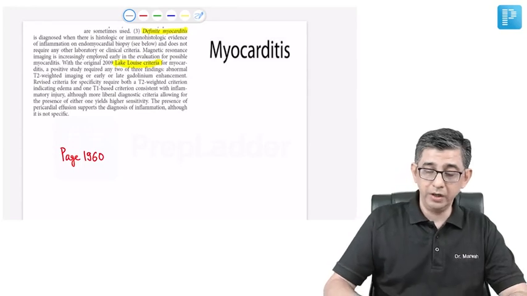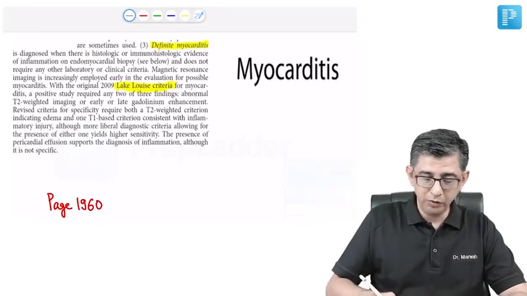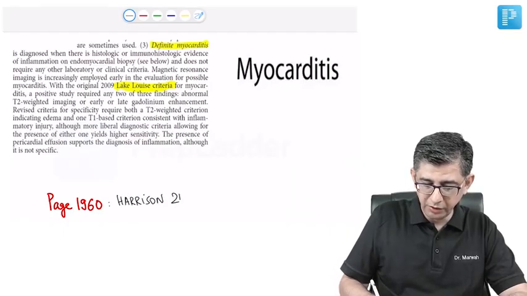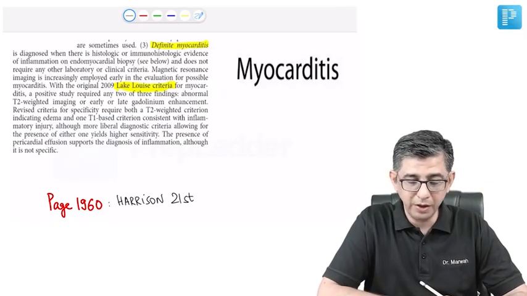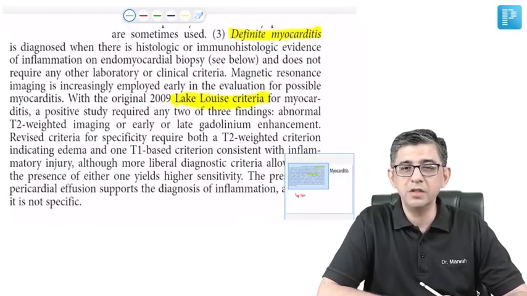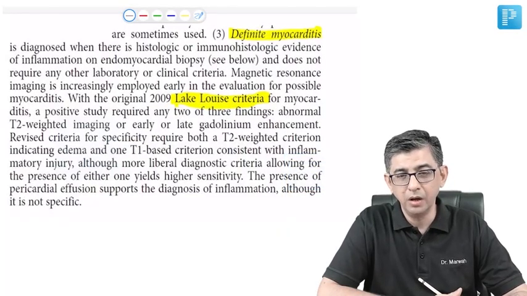And diagnosing myocarditis, which causes heart failure, is always a challenge. I am giving you a reference here of page 1960 of the latest edition of Harrison, that is Harrison 21st. What I say will appear slightly controversial to you, because the radiologist would tell you that the best way to diagnose a myocarditis case would be a cardiac MRI.